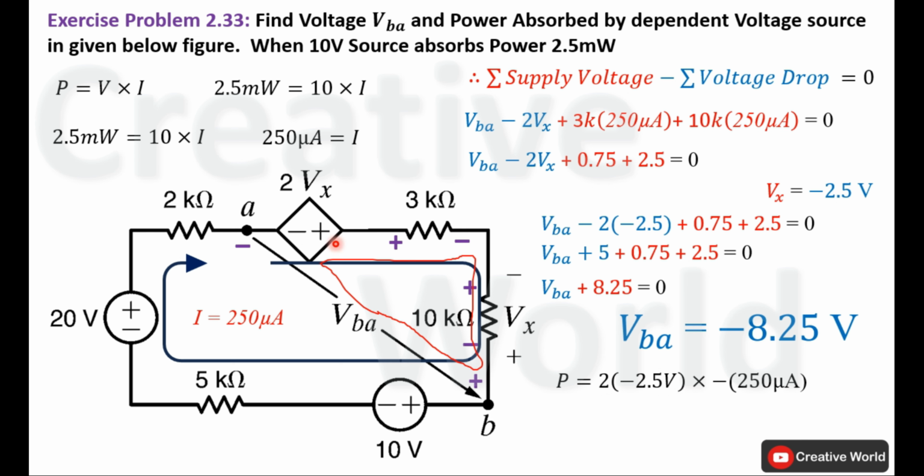And the current through this dependent voltage source is 250 microampere, but with minus sign, because the direction of current is clockwise and it is entering from the negative terminal of this dependent voltage source. Now open these brackets, multiply minus 2.5 volt with 2, it will become minus 5 volt, and multiply minus 5 volt with minus 250 microampere, it will become 1.25 milliwatt.